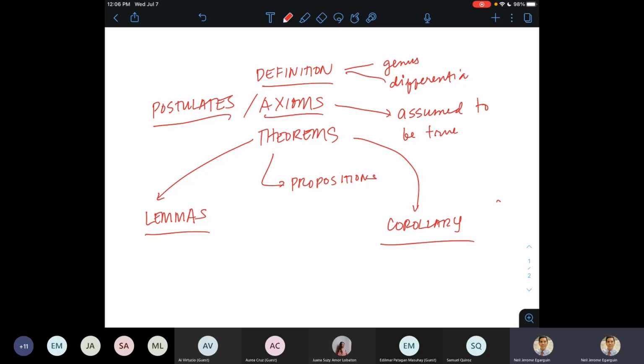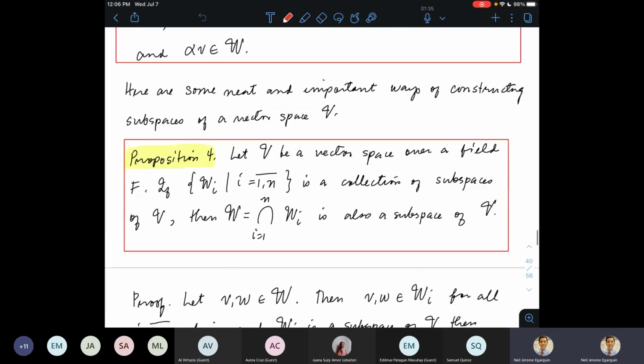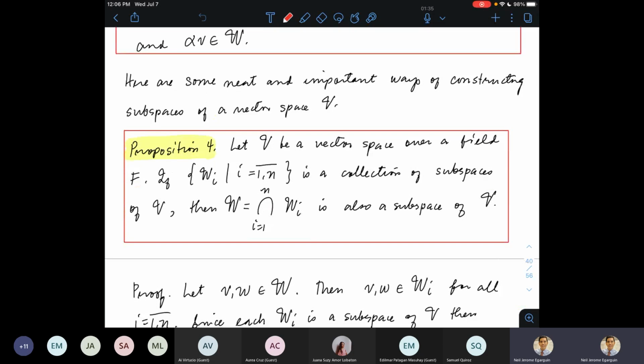All right. So having said that, going back to the module, we go to Proposition 3. It's a proposition, so it's not that major, but the value of this proposition is to help us understand how to use the preceding theorem, Theorem 3 or the compact criterion, in proving statements like Proposition 4.